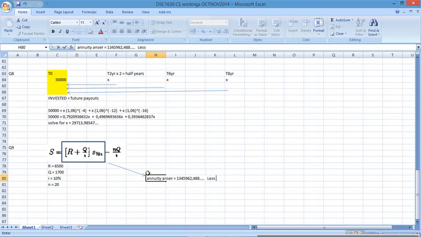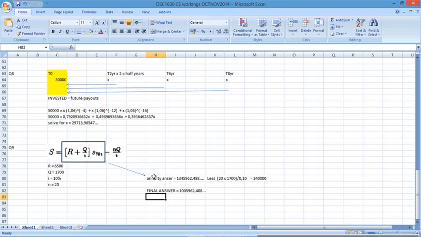Then I subtract the 20 times the 1700 divided by the 0.10, which in this case was 340000, and the final answer is 1005962.488. And that's how I would do that.